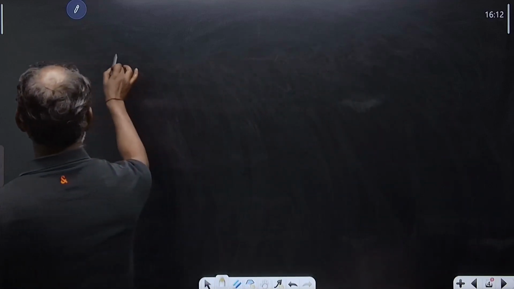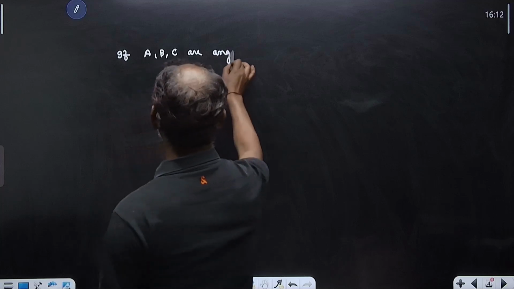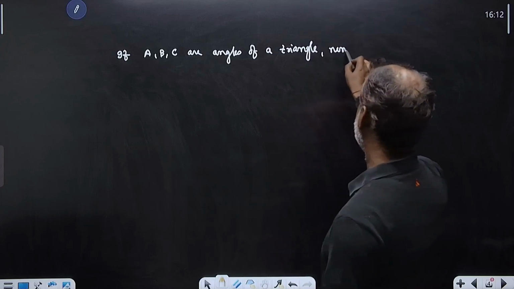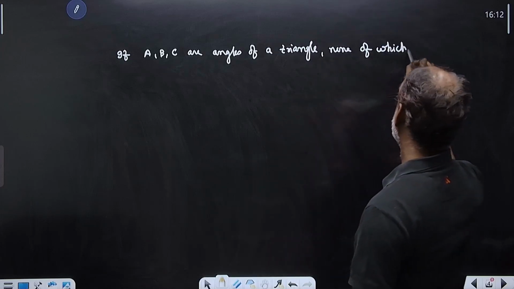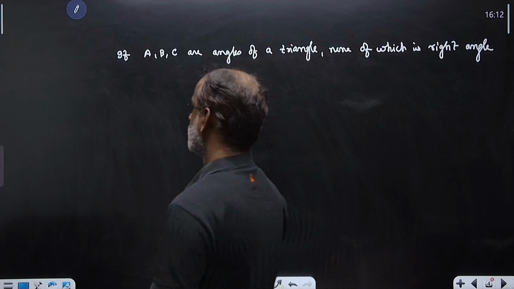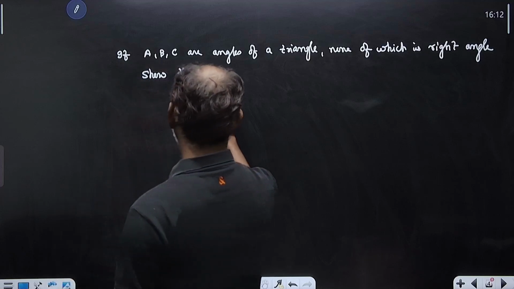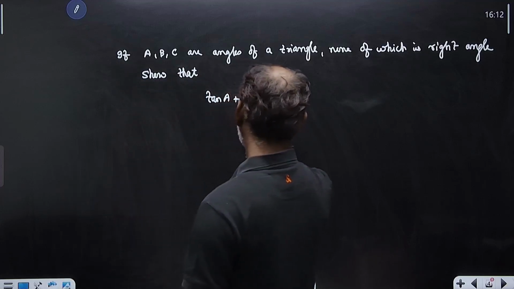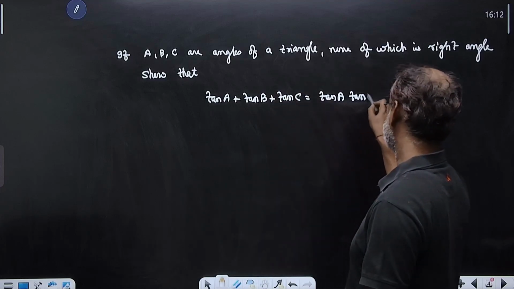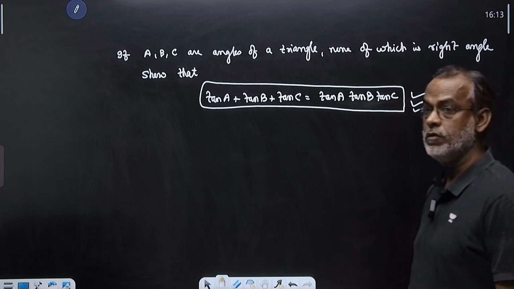One thing: in a triangle, if A, B, C are angles of a triangle, none of which is 90 degrees, show that the sum of the tangents equals the product of the tangents. We will prove it here and we are required to remember it.